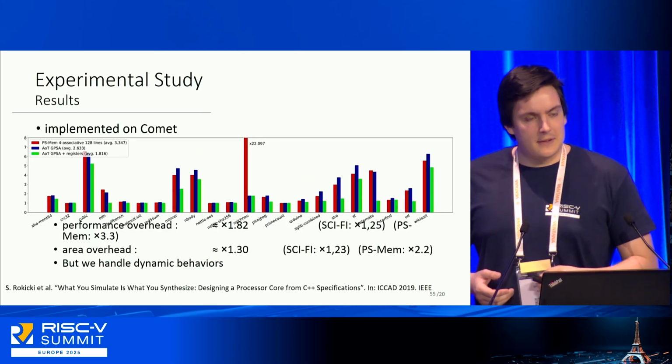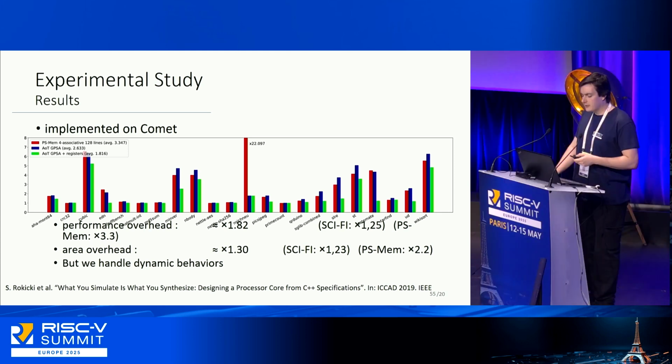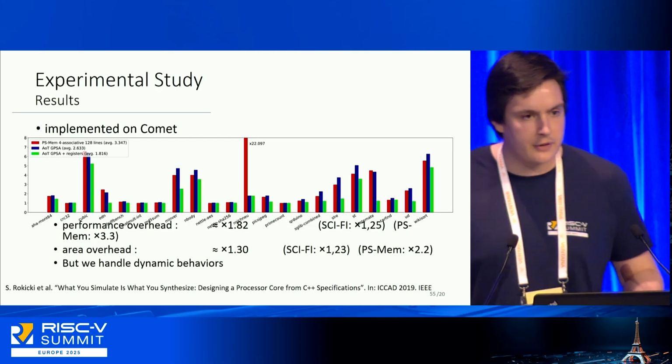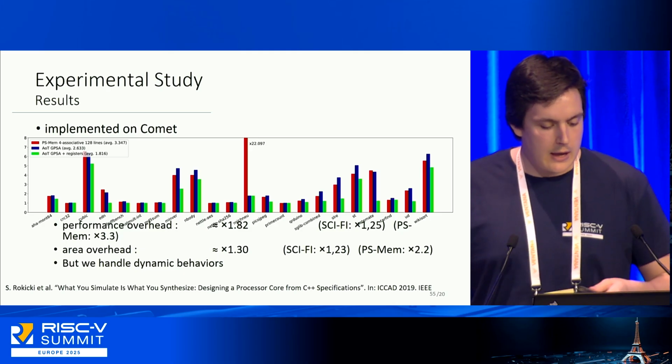So we implemented this solution on the COMET RISC-V processor and evaluated it with the mbench-IoT benchmark. The graph represents the slowdown factor compared to the baseline processor, so the unprotected processor.